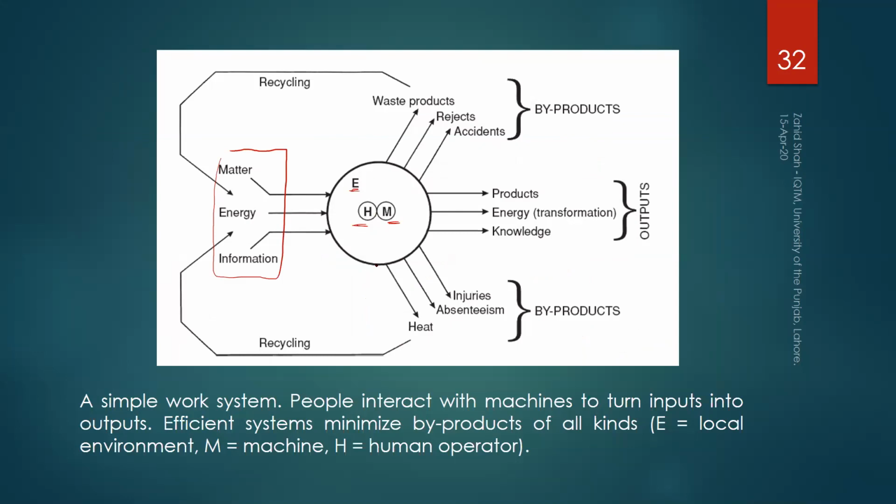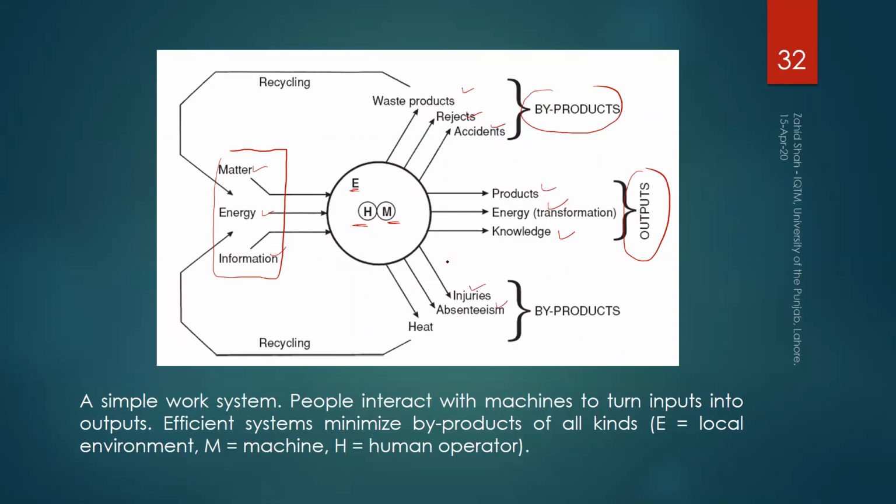So there is a system that consists of humans, machines, and environment. And this system takes some inputs in the form of energy, matter, and information. And of course, we get some outputs, products, energy transformation, and knowledge. But there are some byproducts as well, waste products, rejects, accidents, injuries, and absenteeism.